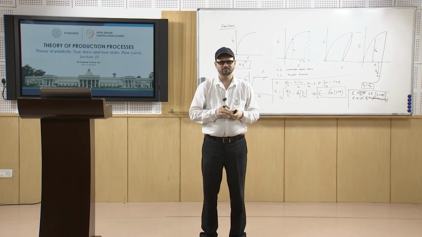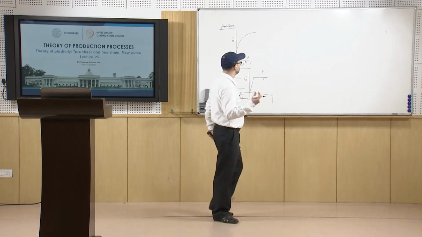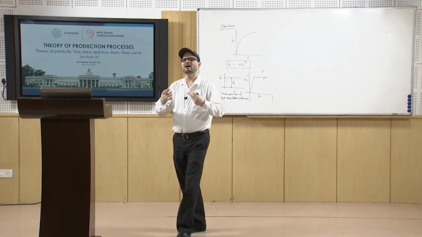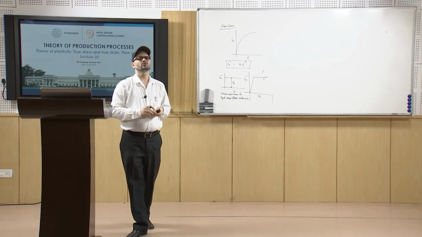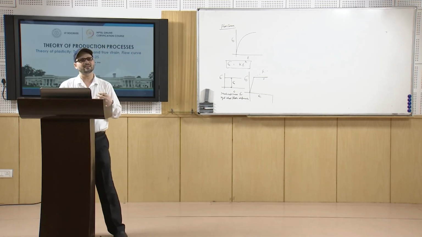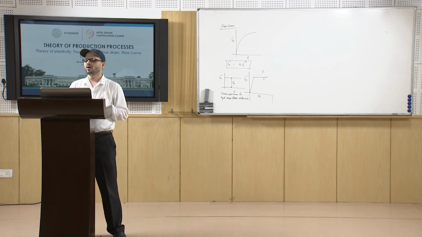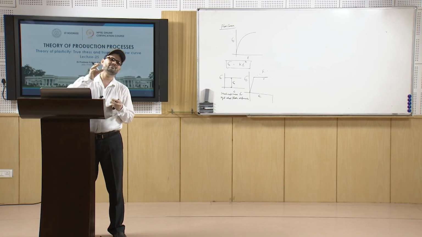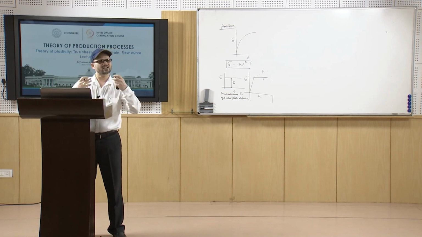true stress values and true strain values are going to be used for developing the relationship in the case of plastic deformation. Now, once we have the engineering stress definition, you have the true stress definition. Engineering stress, sigma, will be P by A naught, that is the original area, and A is the instantaneous cross sectional area.